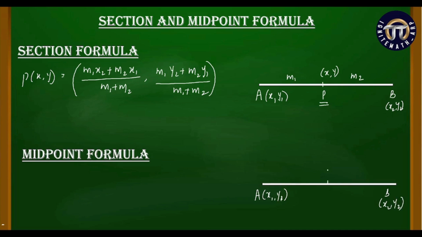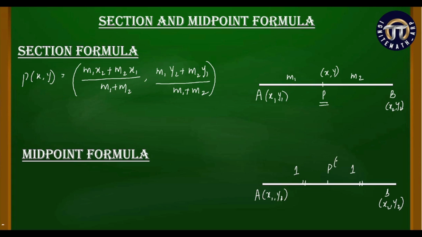Right. Now here P is midpoint. This AP is equal to PB. So if P is midpoint, the ratio becomes 1:1. So means what? Wherever m1 and m2 are there in the section formula, I need to replace them by 1. That itself is nothing but midpoint formula.